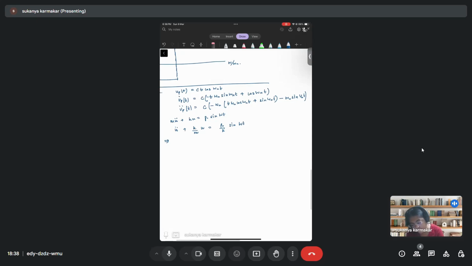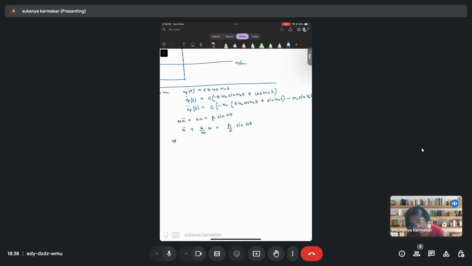Is the differentiation correct? Can you please check? Step number 1, here I'm using that formula: differentiation of UV is U into V dot plus V into U dot.